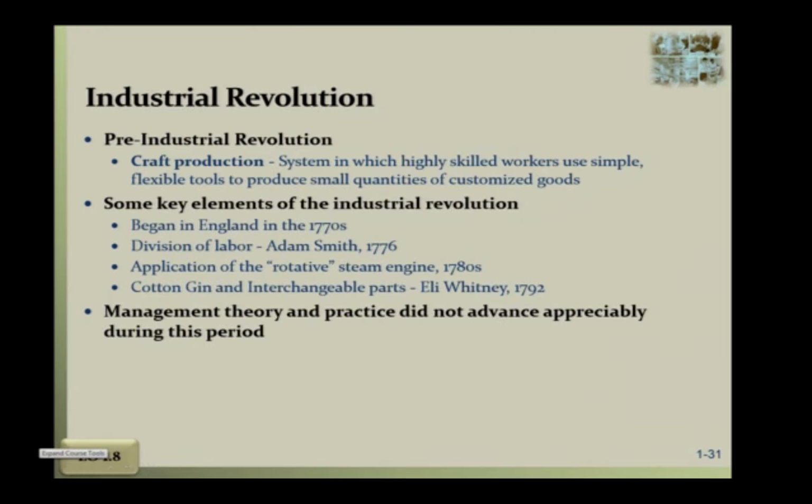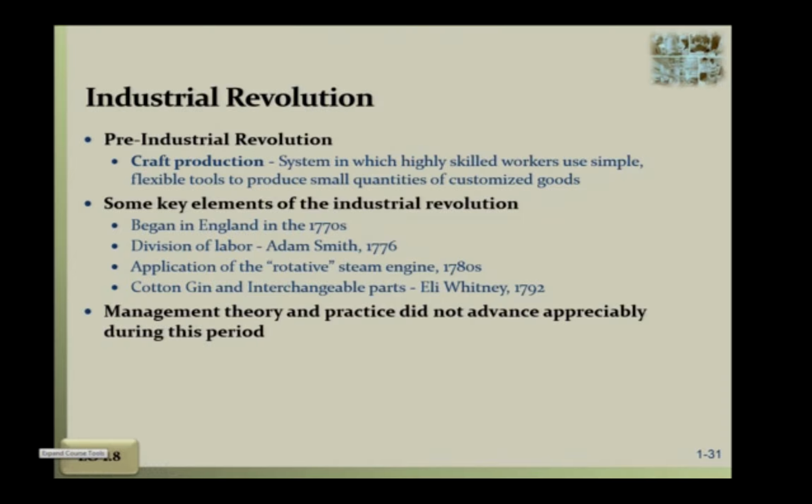So you had a carpenter, a shoemaker, and the person was in charge of himself. Maybe an assistant made the product, and they basically sold it in the local market themselves. But we have some key issues or elements that provided us the era of Industrial Revolution.